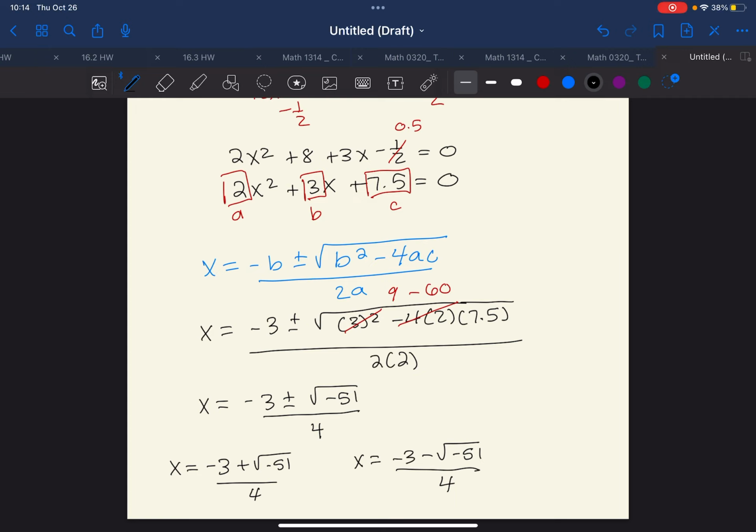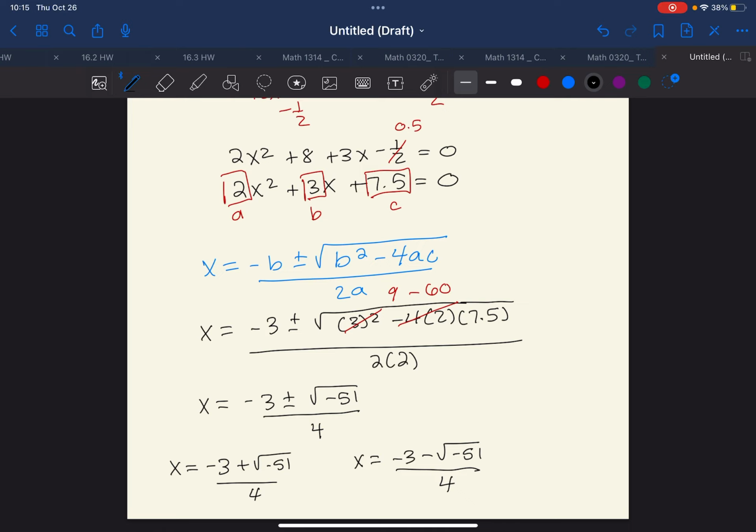So first what I'm going to do is take the square root of 51. So 51, take the square root, I get about 7.14.